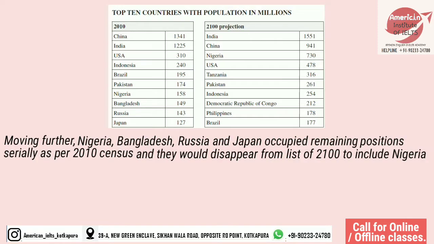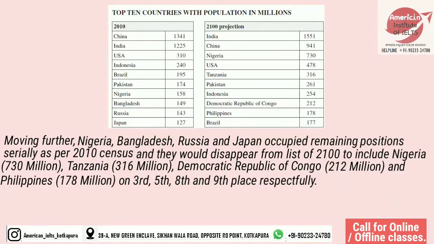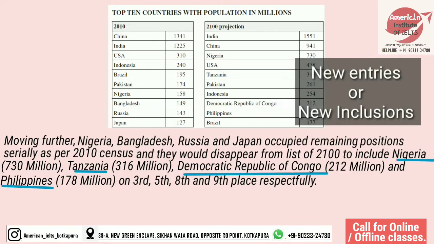So they would disappear from the list of 2100 to include Nigeria (730 million), Tanzania (316 million), Democratic Republic of Congo (212 million) and Philippines (178 million) on 3rd, 5th, 8th and 9th place respectively. So these will be new inclusions.